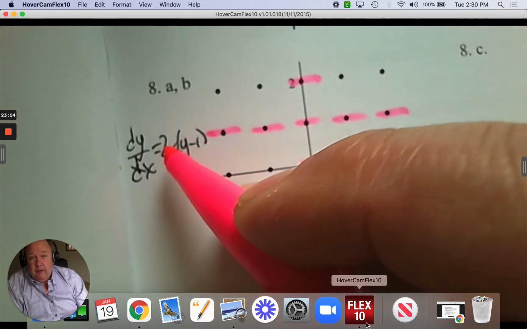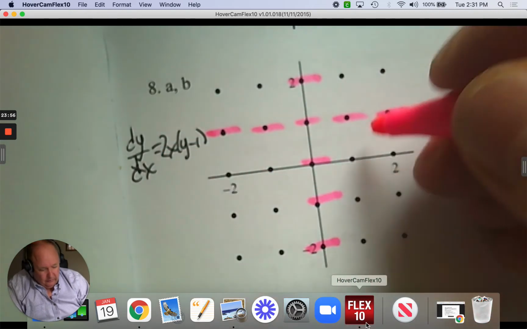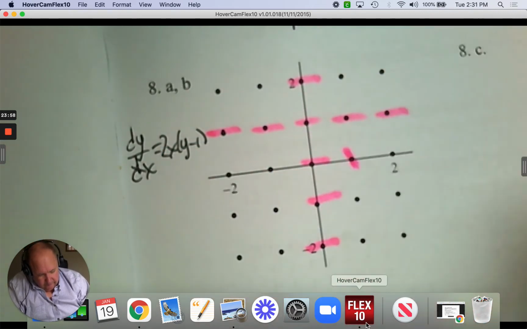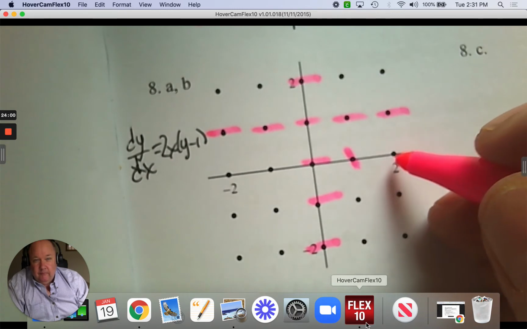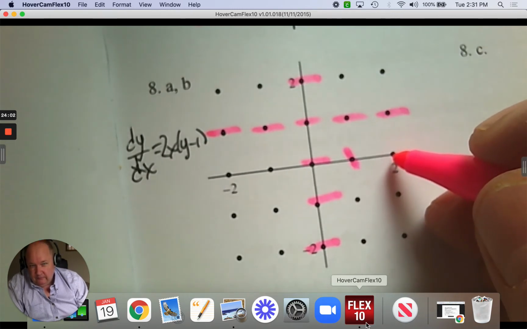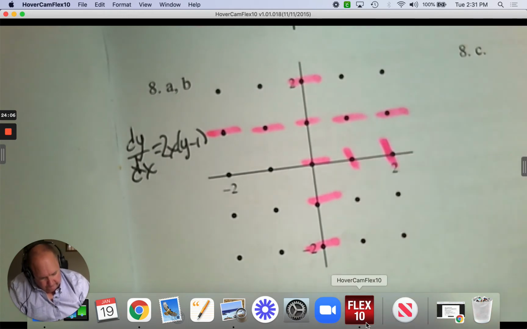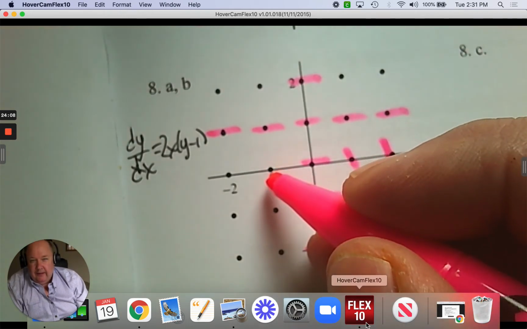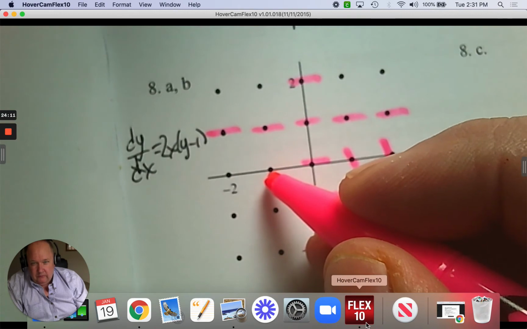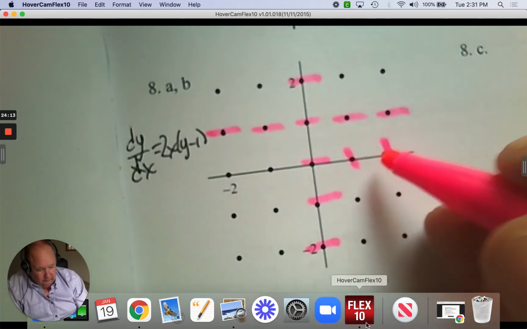So if I plug in 1 and 0, it would be -2. If I plug in 2, 0, I get -4, so even steeper. On the other side, -1, 0 would be a positive. So there's a reflection here.